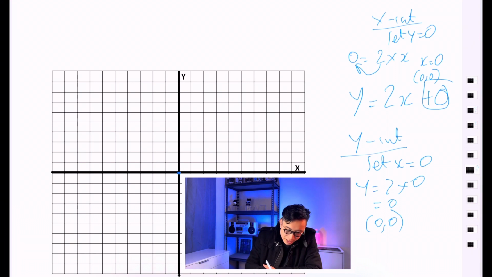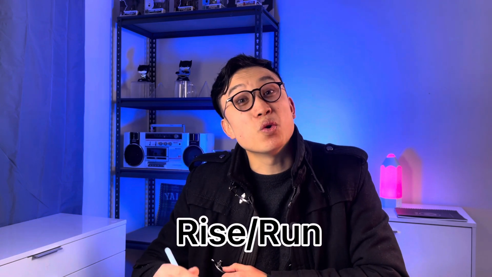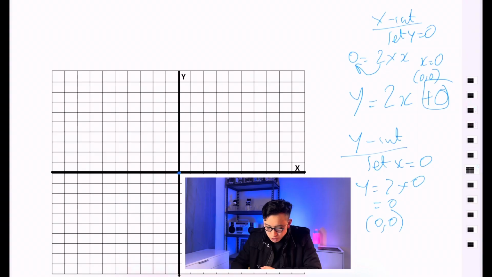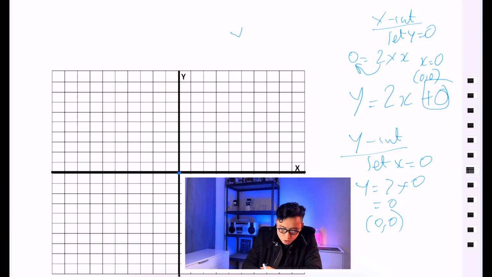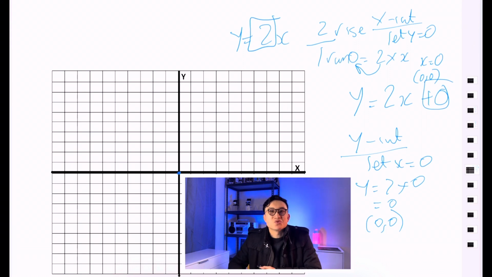So what strategy do we have to use in this case? I call this the rise over run graphing method, or there is another option as well if you don't like it. If you grab the gradient, the 2, and you divide it over 1, your rise is 2 and your run is 1. Everyone should know gradient is rise over run.